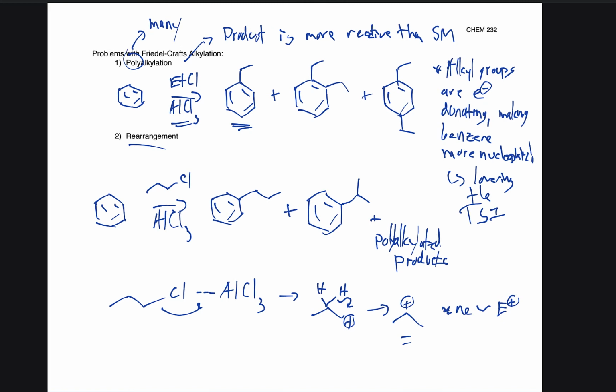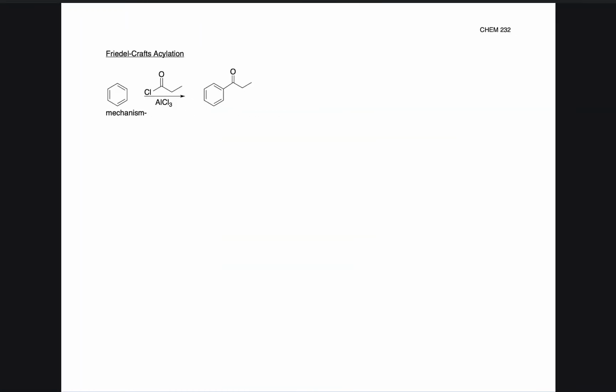The way we can modify this is to do the following: instead of an alkylation, we have an acylation. We talked about acyl groups in an earlier chapter, but it means this carbonyl-based group. So we're adding on an acyl group to our reaction, and we do this with something called an acid chloride.